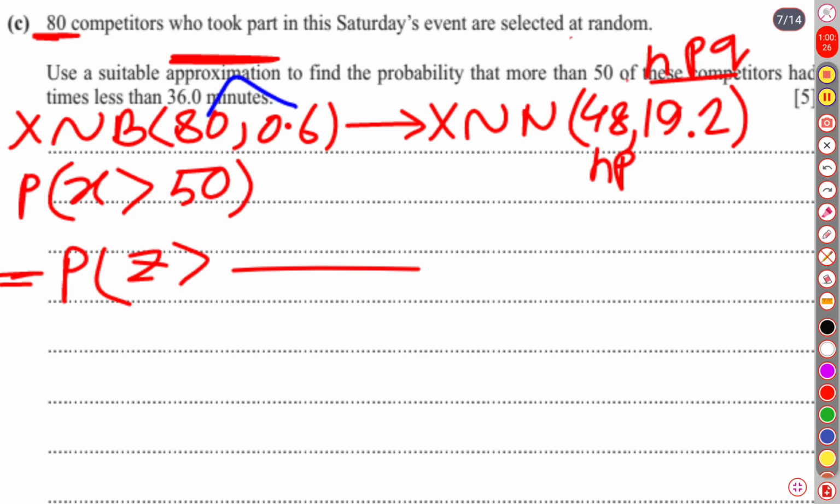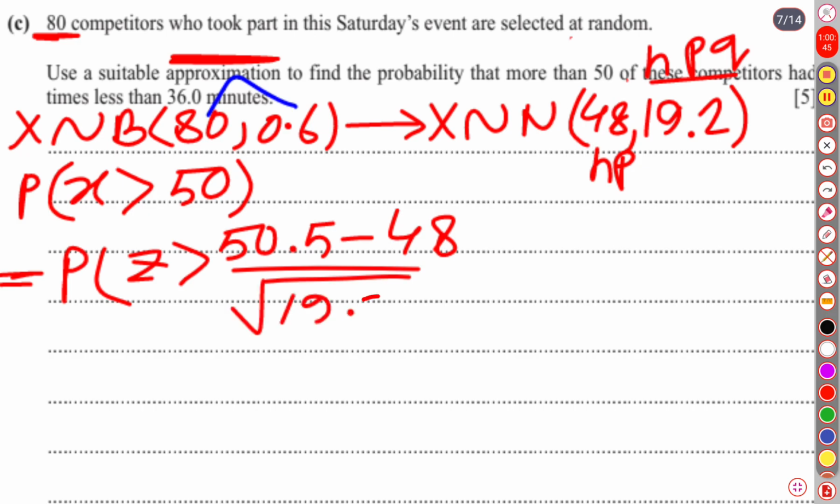So if we do continuity correction, it is going to be 50.5. We have to add 0.5 because it is greater than, minus our mean 48, over our standard deviation. Standard deviation is the square root of variance. Well, I think you have understood this continuity correction.